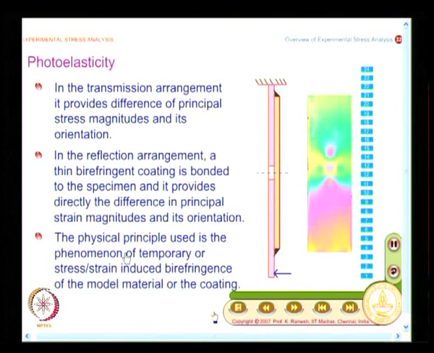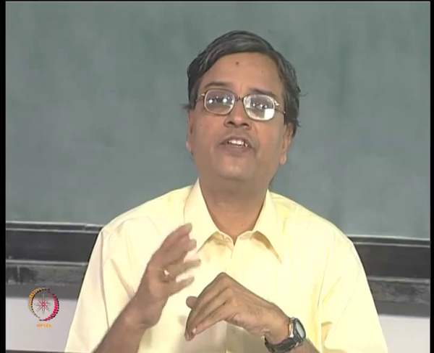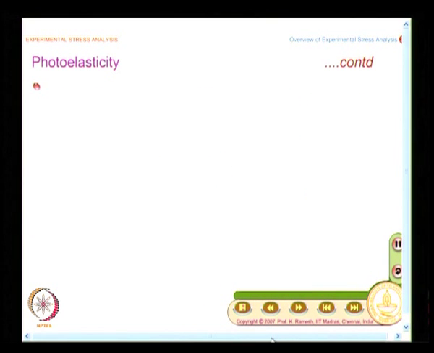And you have many developments that have taken place in photoelasticity. Photoelasticity is a very versatile technique like strain gauges, and in fact, in the 1930s, when people were developing the theory of elasticity, many of those solutions were actually verified by experiments using photoelasticity, and that is what we are going to see.